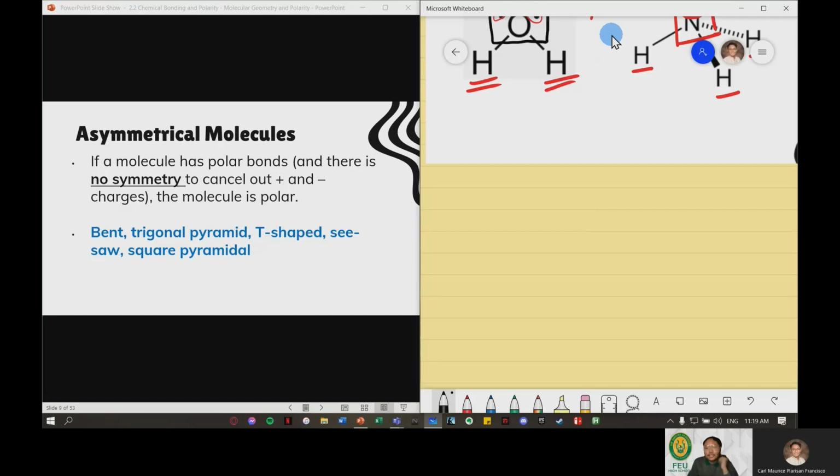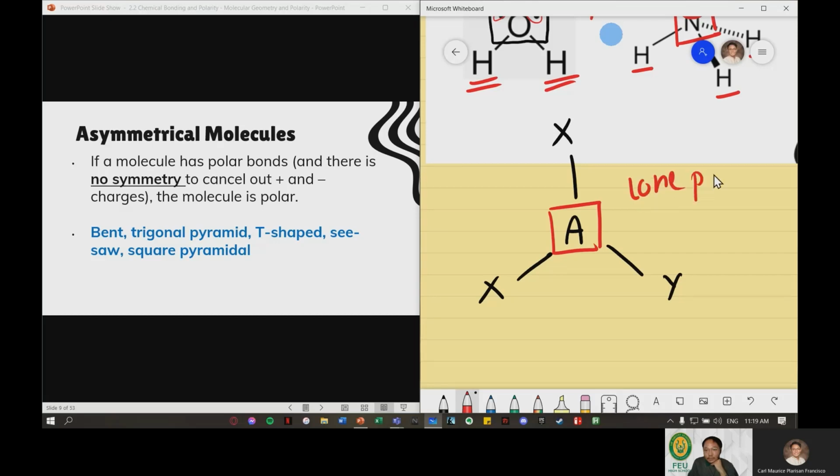Suppose that I have here a theoretical compound having a central atom A and then attached theoretical elements X and Y. The central atom is A, checking the lone pair. It doesn't have any lone pair. Very good. However, look at the terminal atoms.